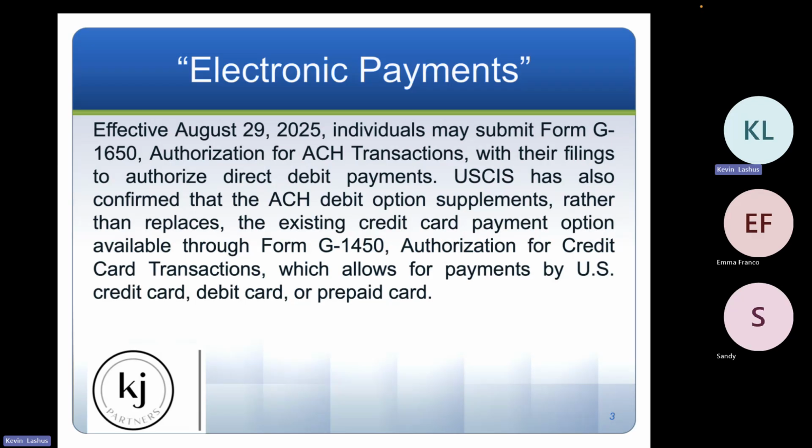For at least the last 4 years, we have been able to pay filing fees via the G-1450, which is via credit card. But this added an additional opt-in to authorize a deduction from an operations account of a business or an individual's checking or savings account.